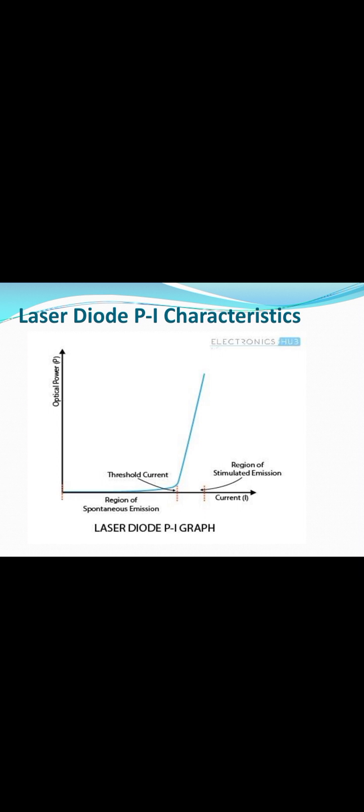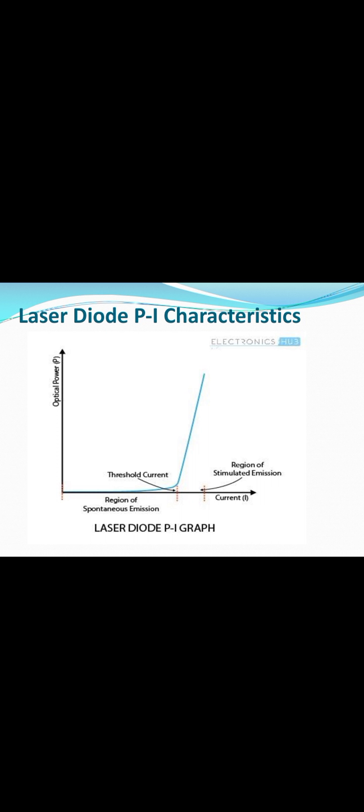Now this is the laser diode PI characteristics. These are the main parts of the characteristics, used in laser diodes.